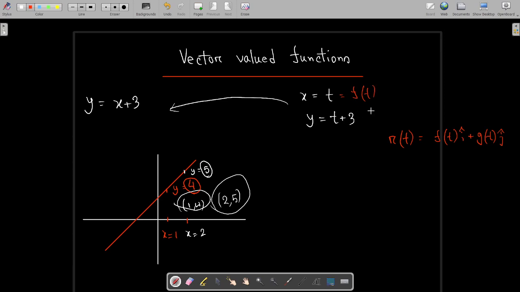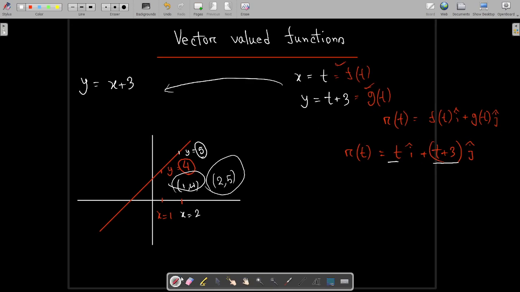Here y equal to t plus 3, again y is some kind of function of, let's say, g of t. This is a function of t also, and this is also a function of t. Now we can write r of t equal to t i plus (t plus 3) j. We have written this function in vector form.